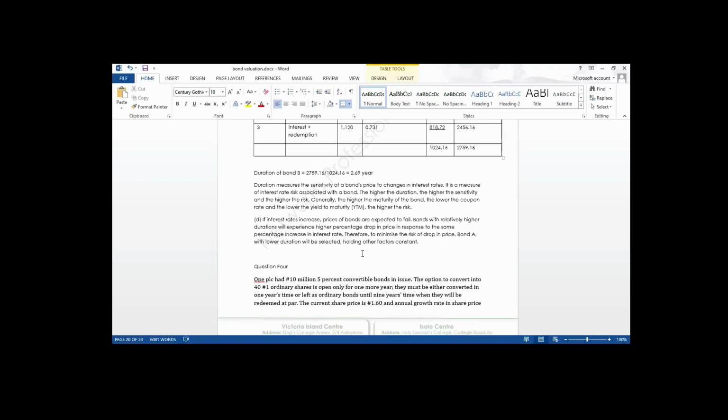However, bond with longer duration will experience greater fall in value compared to bond with shorter duration. In this case, it is better to invest in bond with shorter duration.